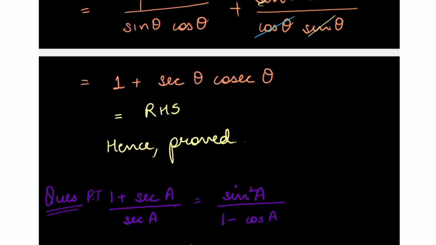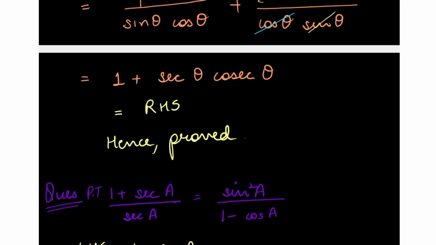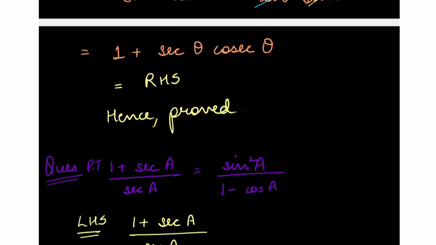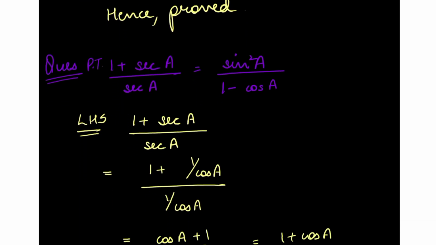Next question. 1 plus secant a divided by secant a is equal to sin square a divided by 1 minus cos a. So left hand side, let's start. 1 plus secant a, that is 1 by cos a, divided by secant a, that is 1 by cos a.